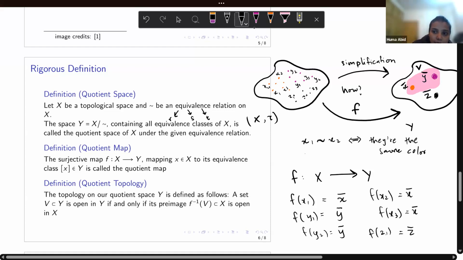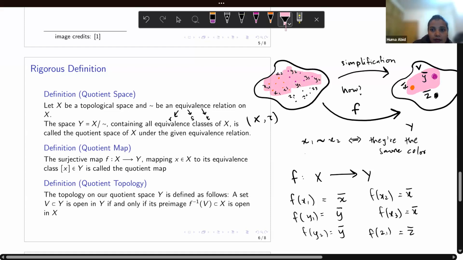We check the pre-image of V under our map, and we say, okay, the pre-image of V would be all the elements that map to X bar and Y bar, which means all of these X's and all of these Y's.